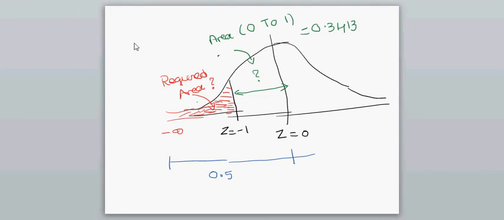Now the required area can be obtained by subtracting 0.3413 from 0.5, that is 0.5 minus 0.3413.